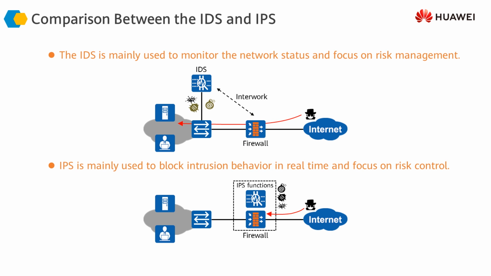However, the IPS is a risk controlling device, which means it is not only detecting the risk, but, in most cases being inline, it is also preventing or controlling that risk. So obviously IPS is a much more useful device, and these days you'll find IPS almost in all network security scenarios, and IDS is hard to find these days. So we can say that IPS is the device that we're using these days for network intrusion prevention.